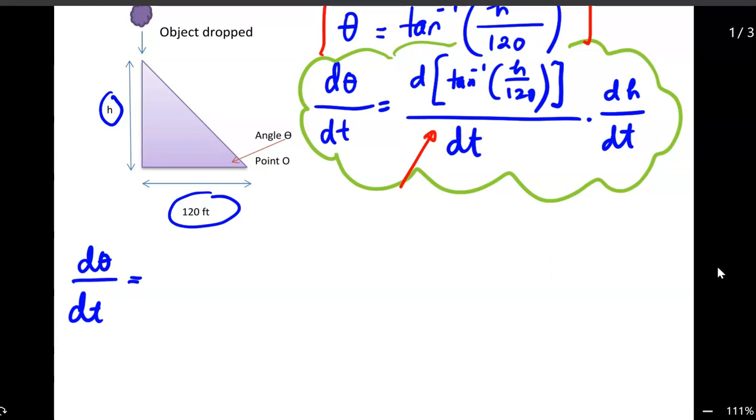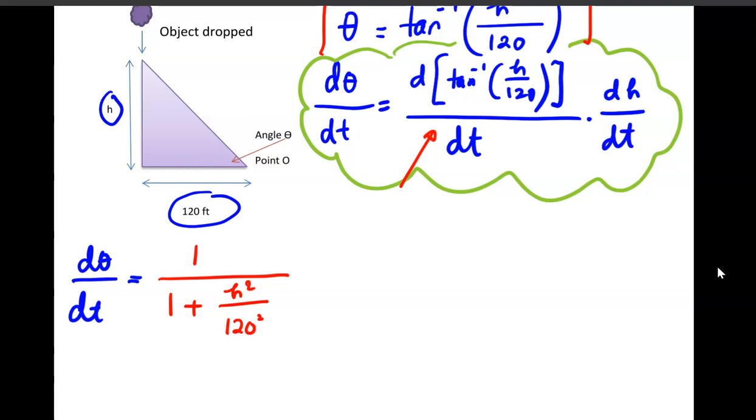I will have it equal to 1 over 1 plus u squared. So u will be h squared divided by 120 squared. Okay, so I square both the numerator and the denominator in this case, and I multiply by du over dx.